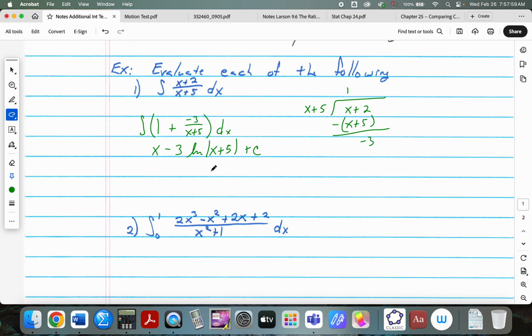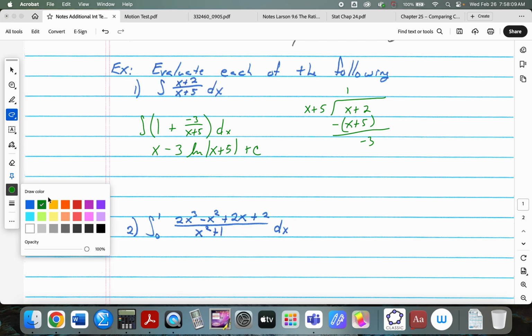Okay, now, as always, I tell people, and I'm not suggesting you spend any time doing this, but you should be able to, once you've found an antiderivative, check it by taking the derivative.